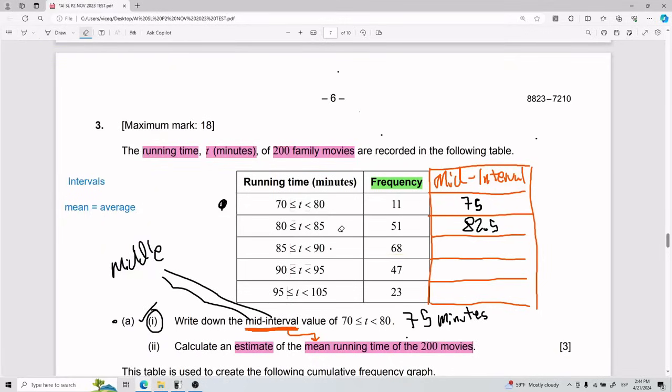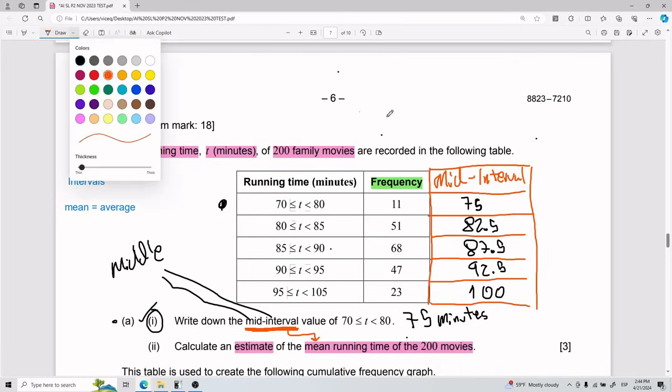And so you can keep going and fill it all in, right? This is 87.5, this is 92.5, and this last one, careful, this last one is 100. And so here's a small detail you need to notice. You might have thought it would be 97.5, but think about it this way.